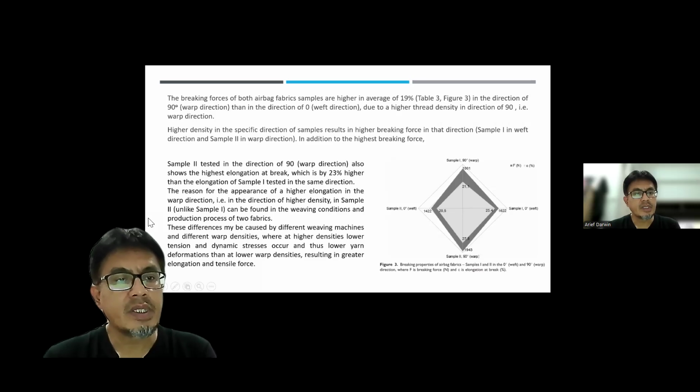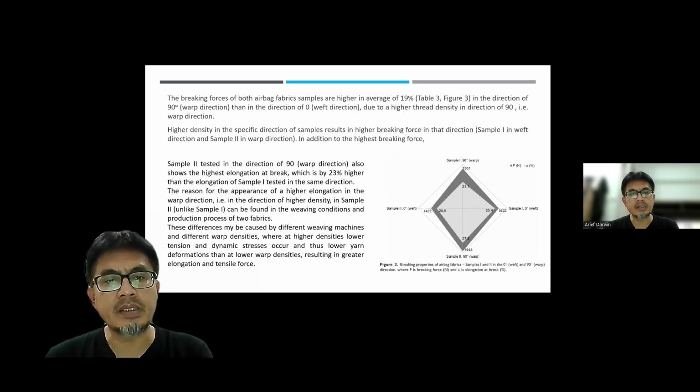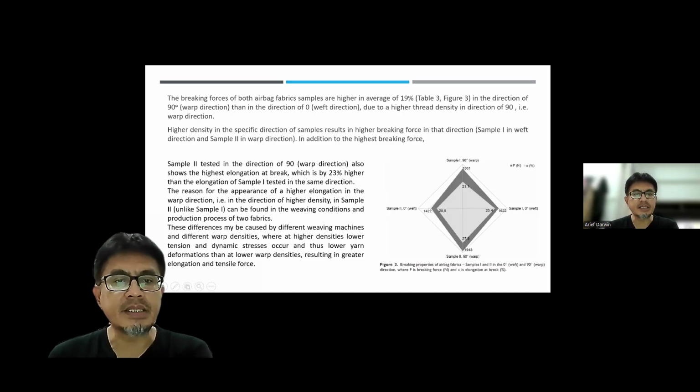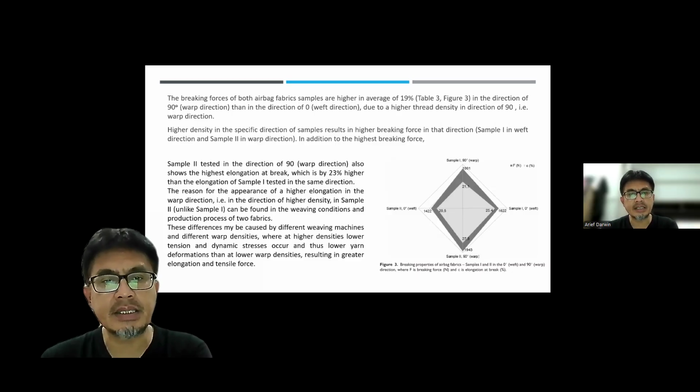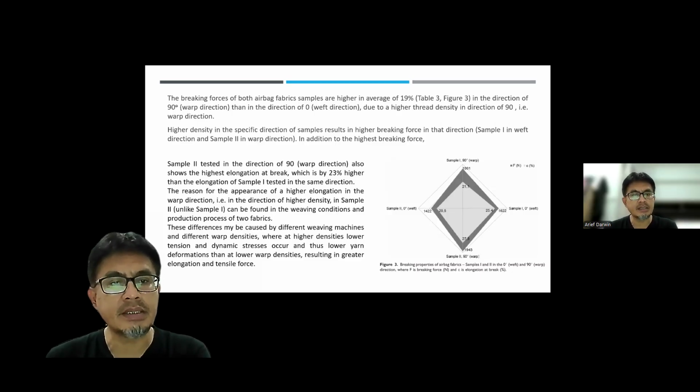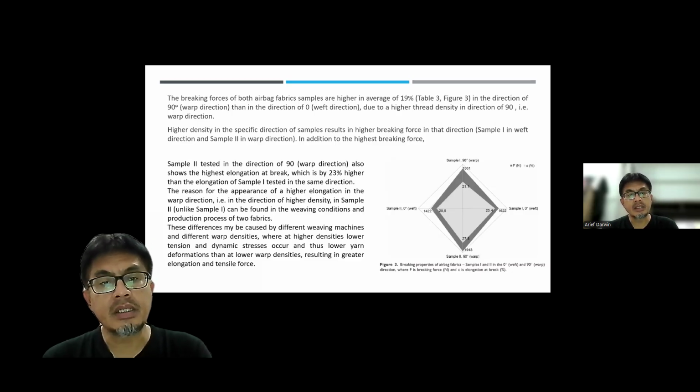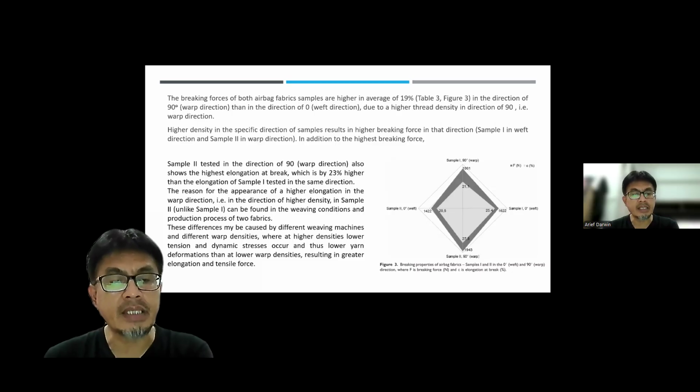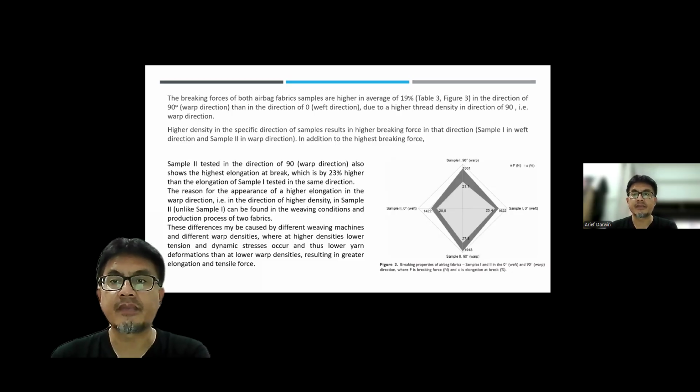So these differences may be caused by the difference of the weaving machine and the different warp densities, where at the higher densities, lower tension and dynamic stress occur, and thus lower yarn deformation than at the lower warp densities, resulting in a greater elongation and tensile force.